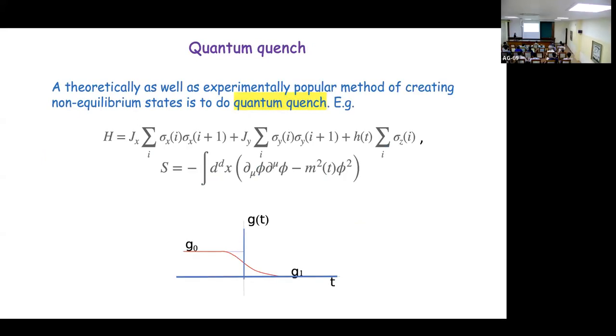So for example, you can take any example of a critical point, let's say a second order phase transition point of a system. And then let us say you start from a value of the coupling which is not critical. You start from something else, and then you quench it to the critical value. So that will be conformal. The post quench system then will be a critical system, a conformal system.